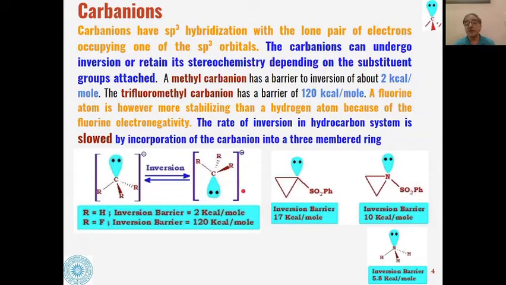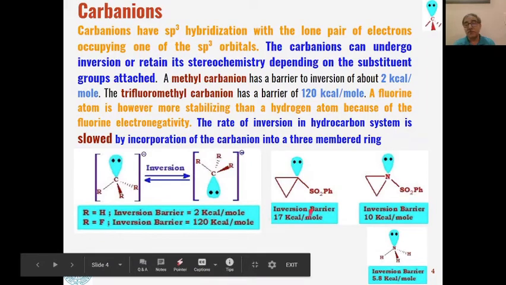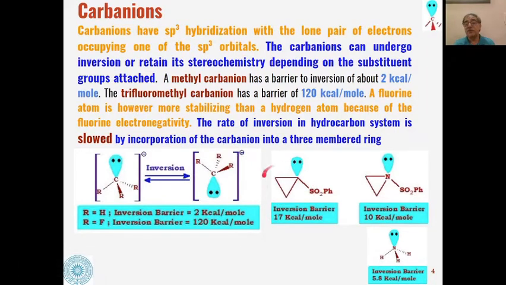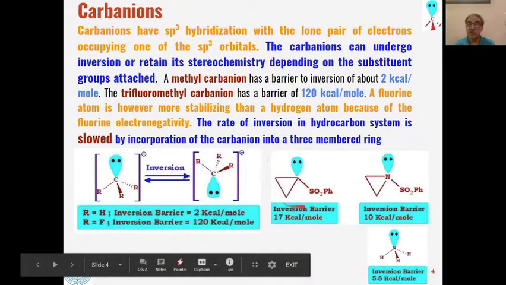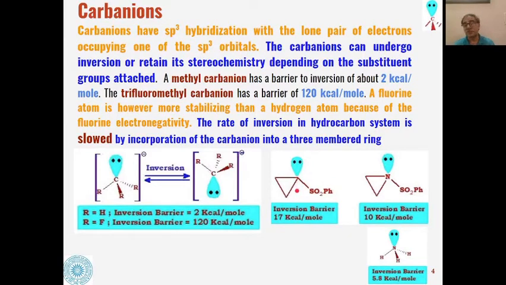And for example, if we have a cyclopropyl ring attached to the carbanion, then the inversion is slowed down. For example, this requires 70 kilocalories per mole of energy for the inversion of this reaction intermediate to take place.